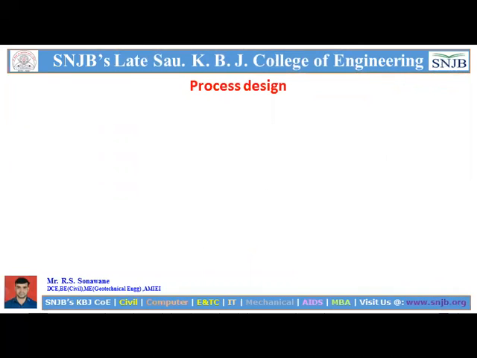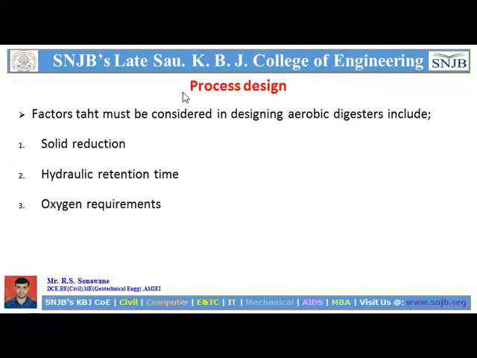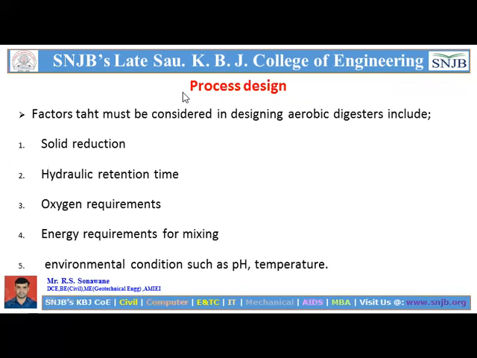Now, what are the processes involved in the sludge treatment process? The factors that must be considered in designing an aerobic digester include solids reduction, then hydraulic retention time, that is HRT, then oxygen requirement, how much will be required when we design the sludge treatment process, then energy requirement for mixing, and environmental conditions such as pH and temperature. So these factors must be considered when we design the aerobic digester.